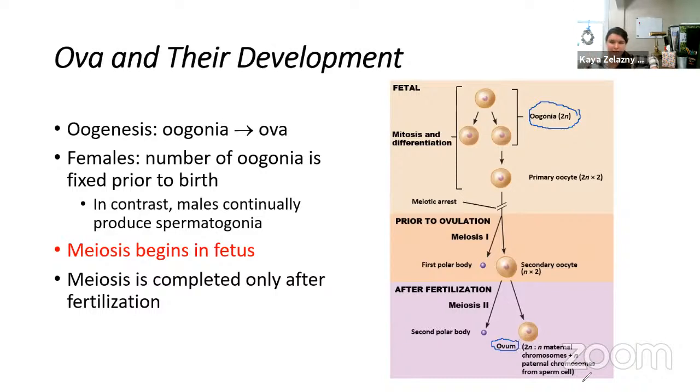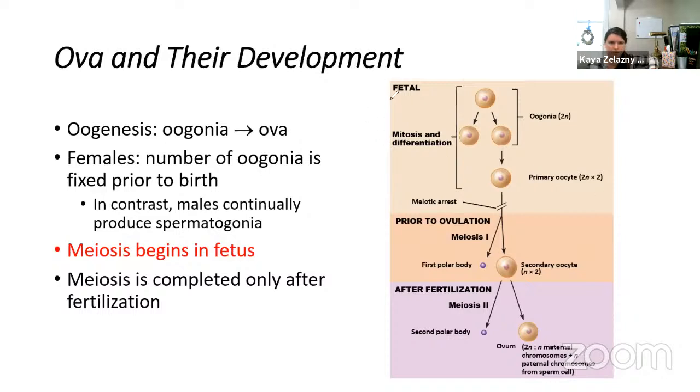Sorry for the Latin, everybody. But that's what's going on here. So we have this pathway. Just like in males, we have to go through meiosis to get to our mature cell ready for sexual reproduction. But unlike in males, we have really long pauses between the cycles of development here.